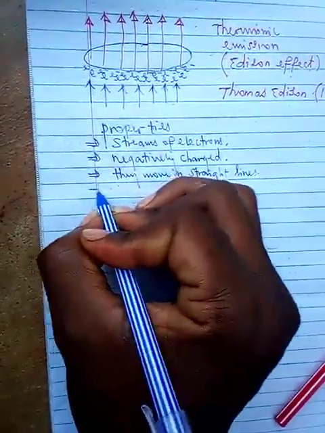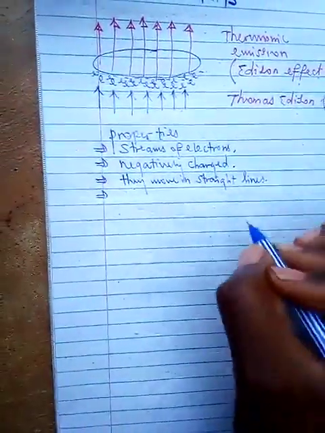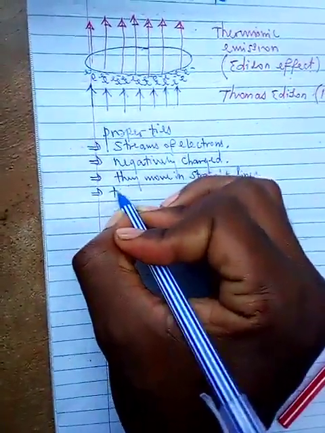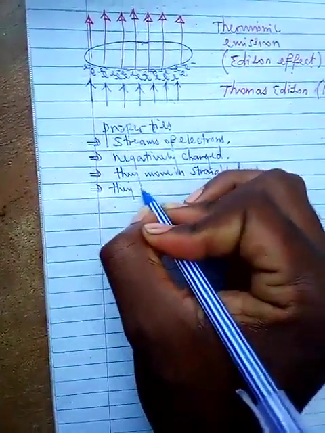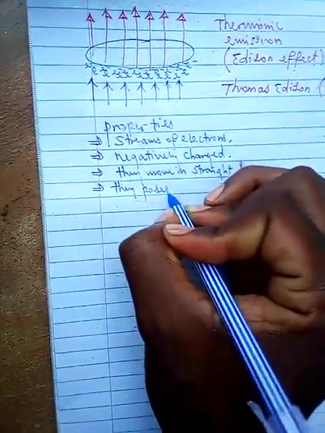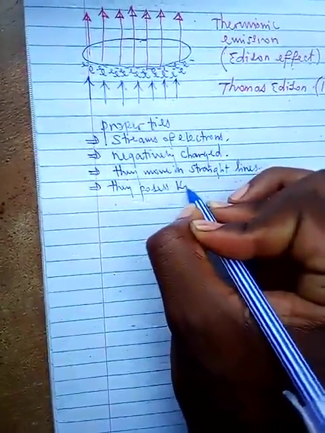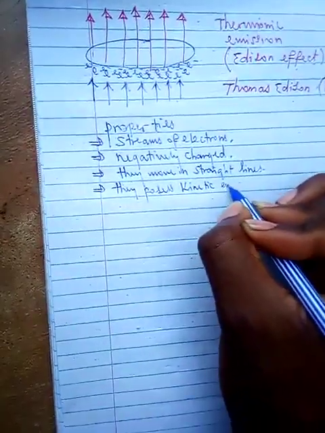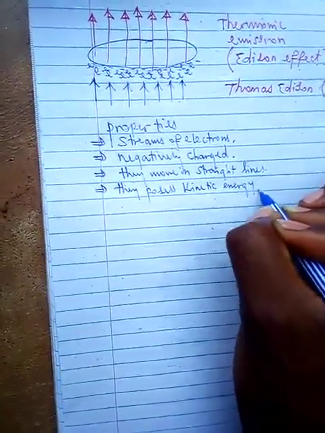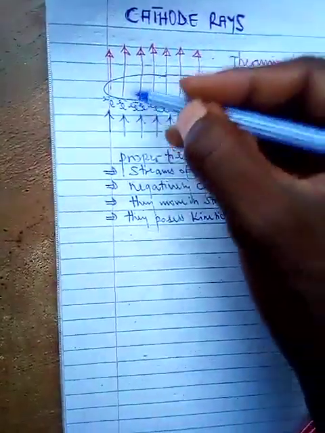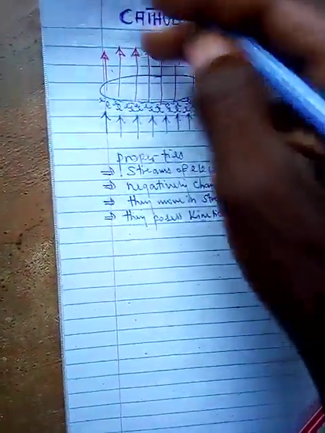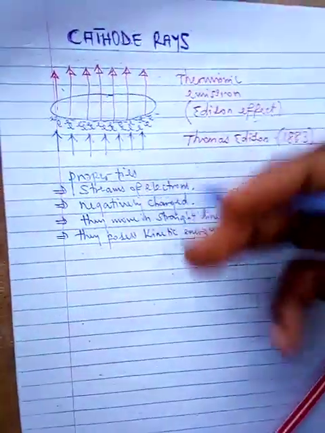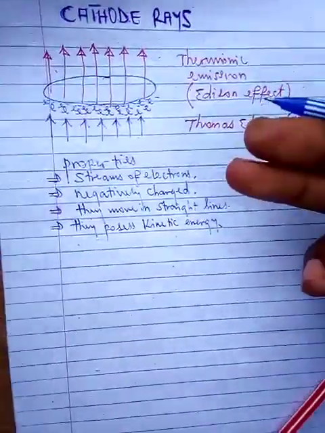Apart from moving in straight lines, the other thing that you need to know is that these cathode rays possess kinetic energy, because they are moving. And remember, under physics, any object that is in motion possesses kinetic energy.